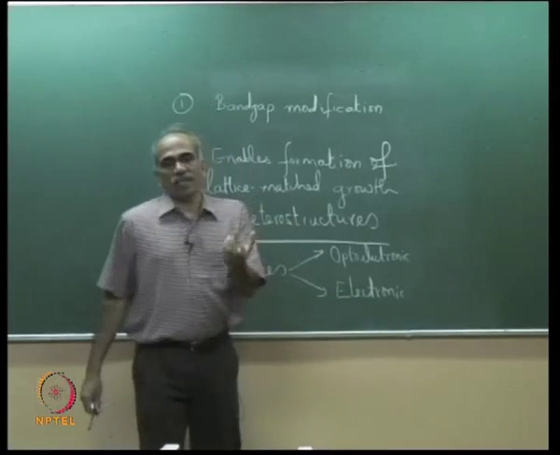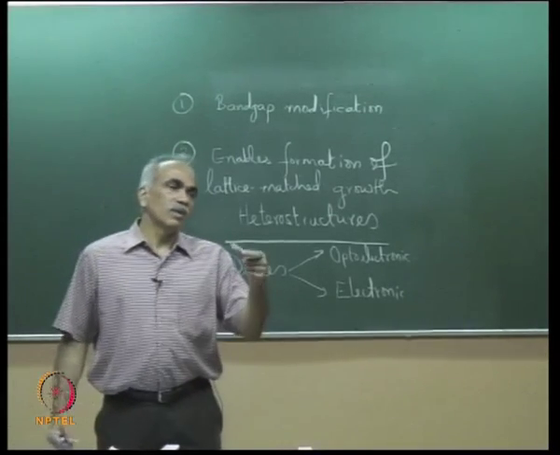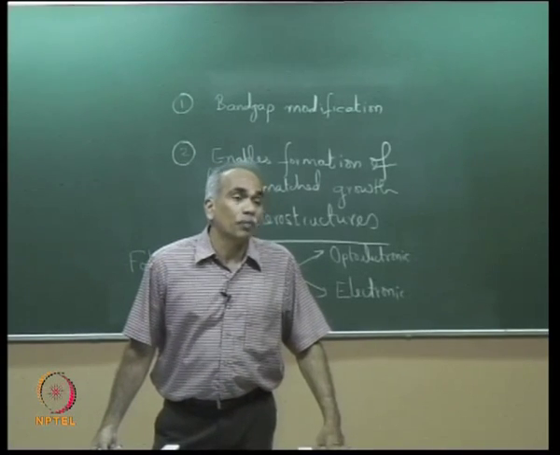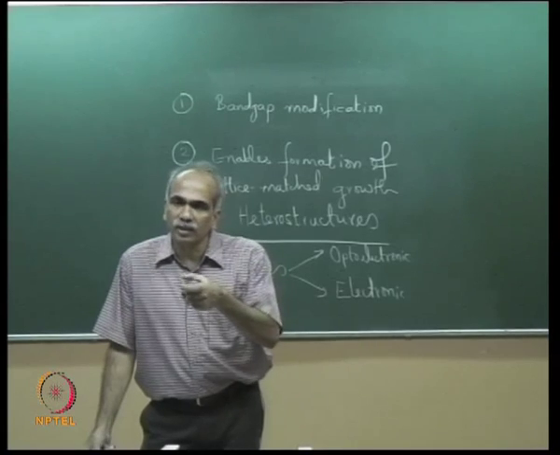You know that in integrated circuits with very large scale integration, on a small chip you can have a million components, a very large number of components on a single chip.